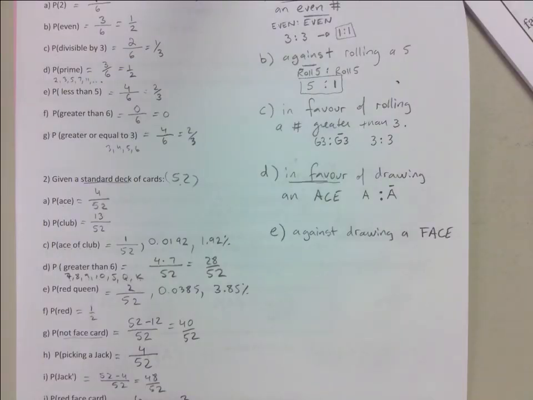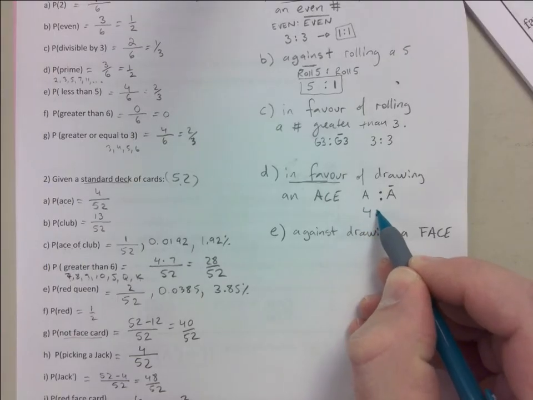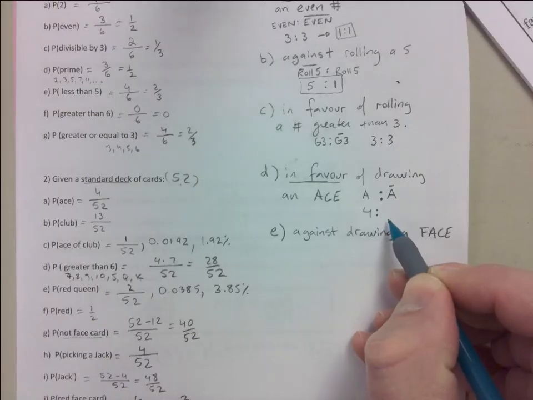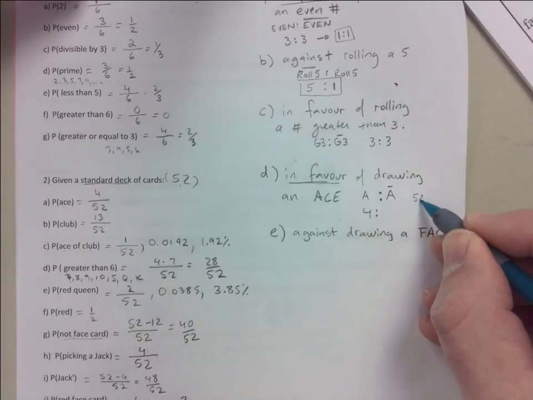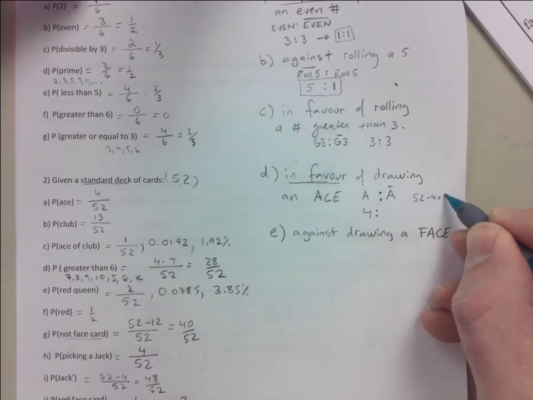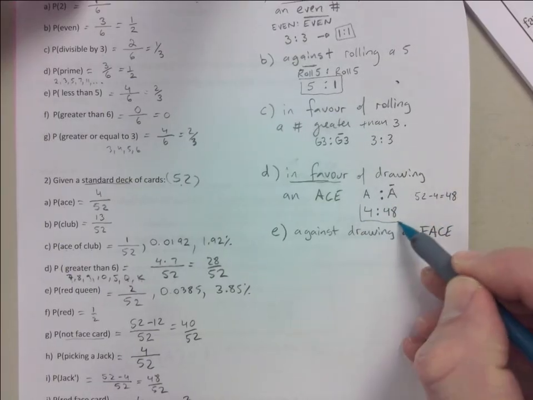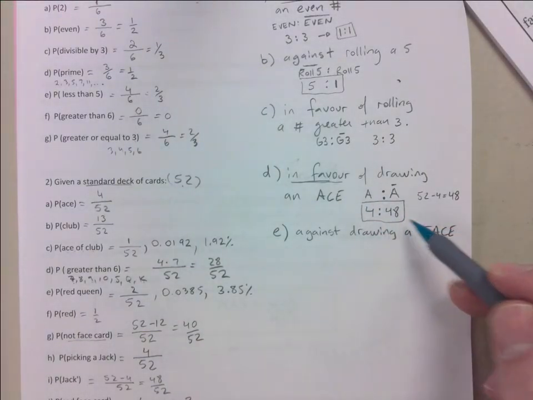So how many aces do we have? 4. How many are non-ace? 48, right? How did you get that number? 52 minus 4. You can reduce that to 1 to 4 if you divide both of them by 4.